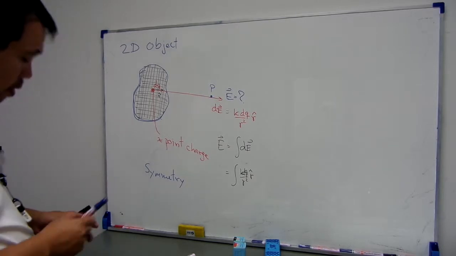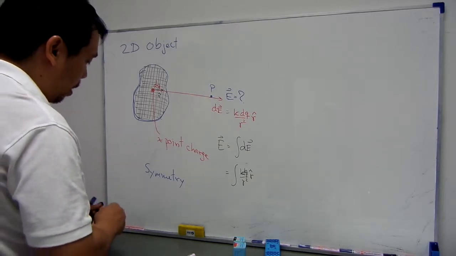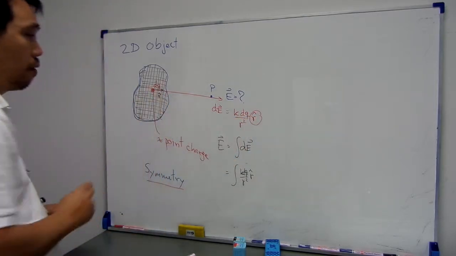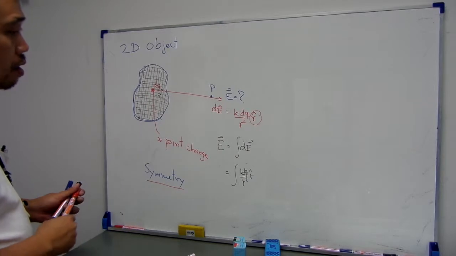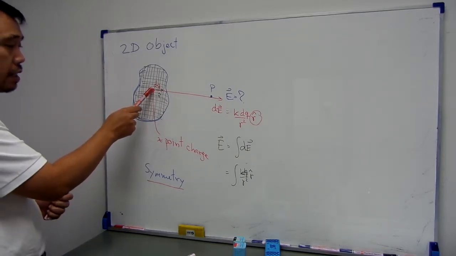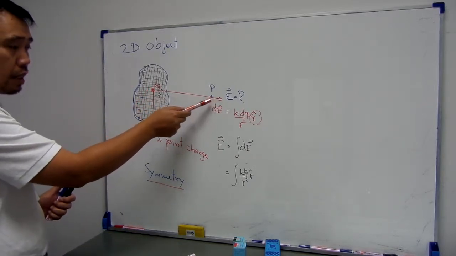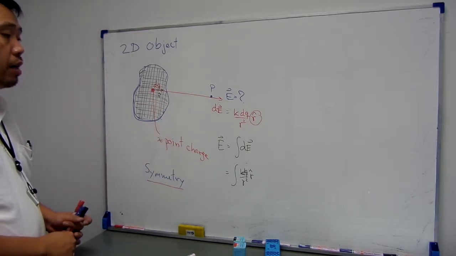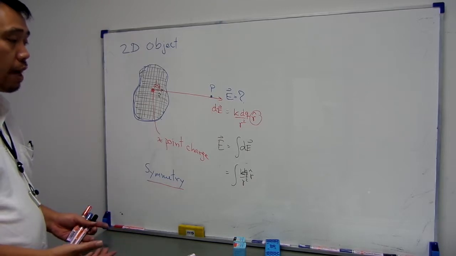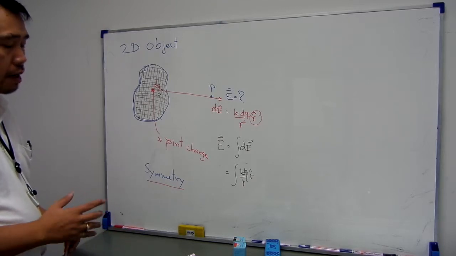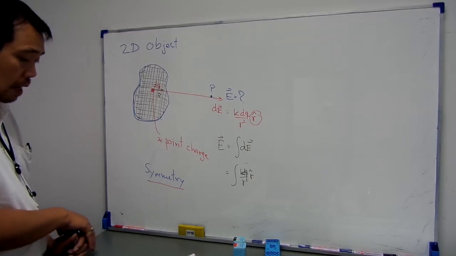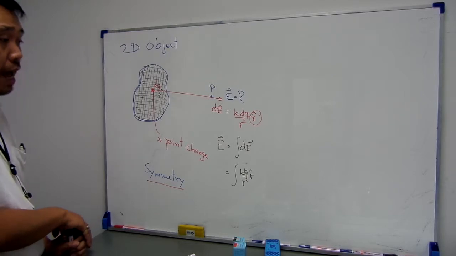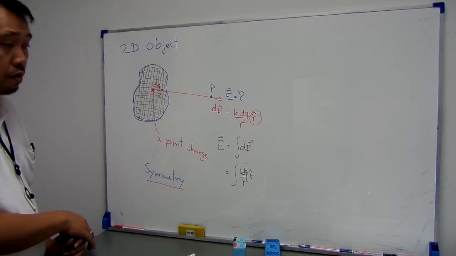Also, this symmetry is important when we look at the vector nature of the electric field, because the electric field of each piece is a vector, and when we add up the vectors, we have to look at their direction also.